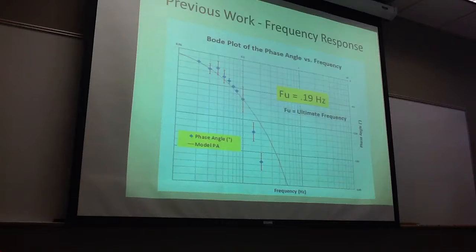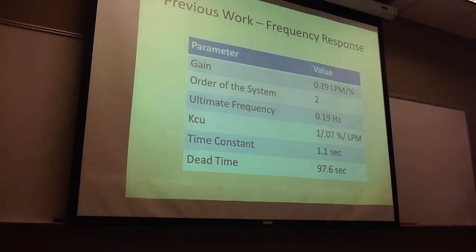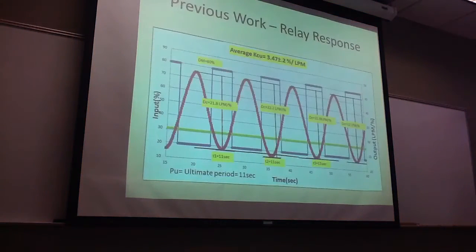The phase angle and the model of the phase angle are on this graph. The FU value was 0.19 hertz for our system. This is a recapitulation of our values.